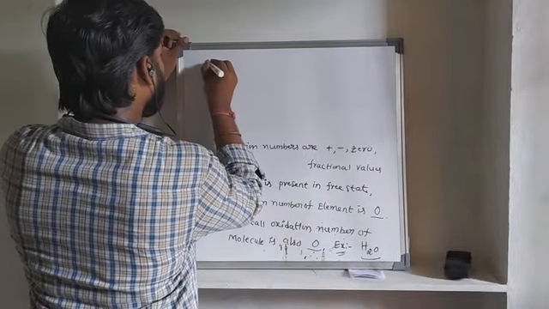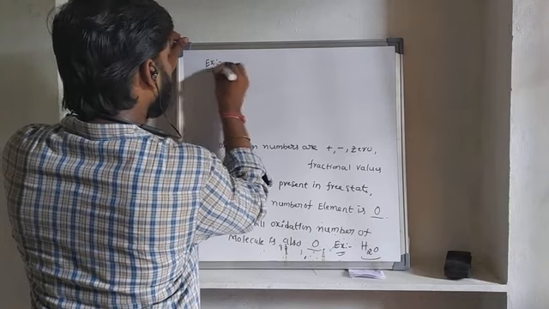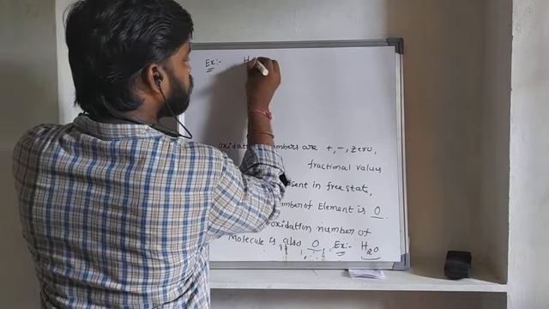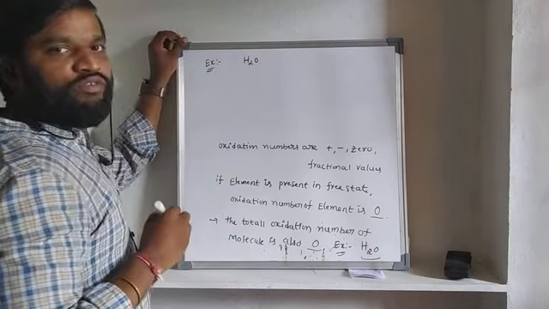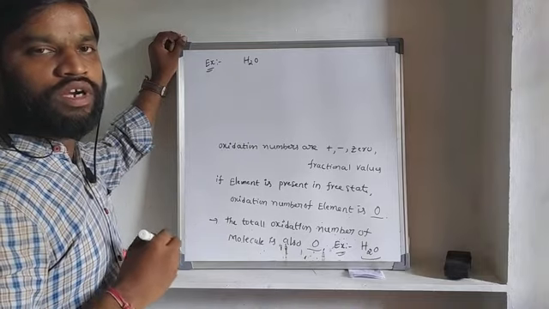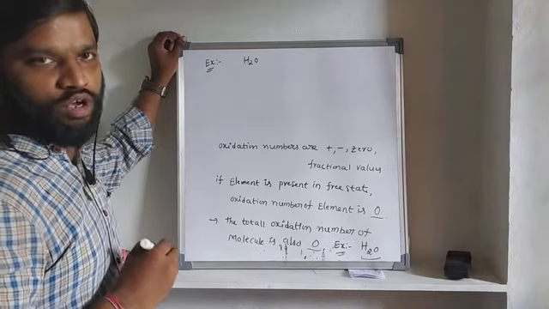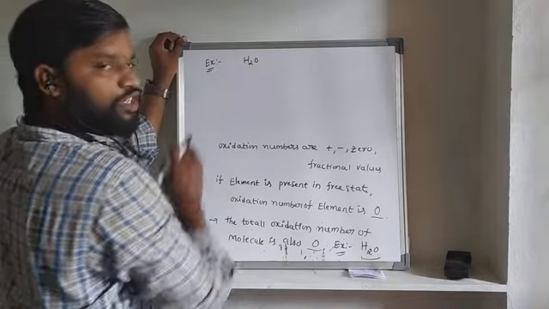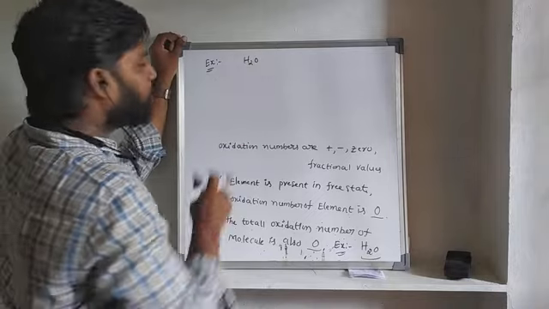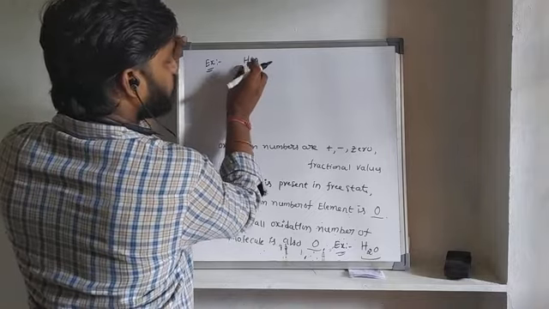Now I find out the total oxidation number of the molecule. In H2O molecule, two hydrogen atoms are there.